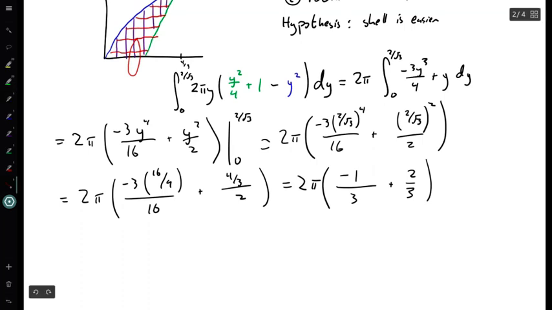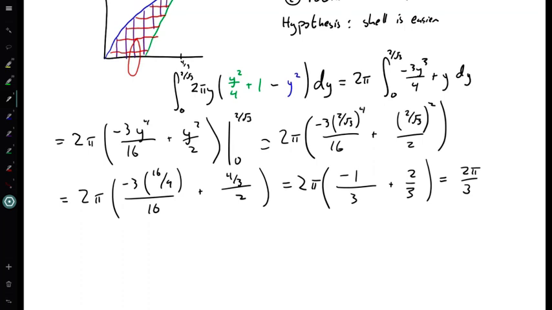Now, inside the parentheses here, I have minus 1/3 plus 2/3, which is conveniently 1/3. And then 2 pi times 1/3 is 2 pi over 3. Great. So the volume of this region, 2 pi over 3, pretty simple answer.